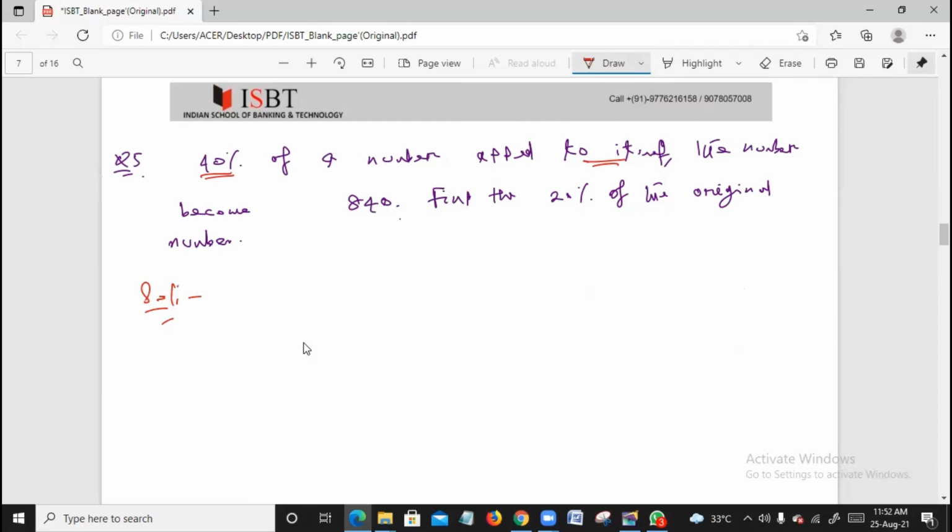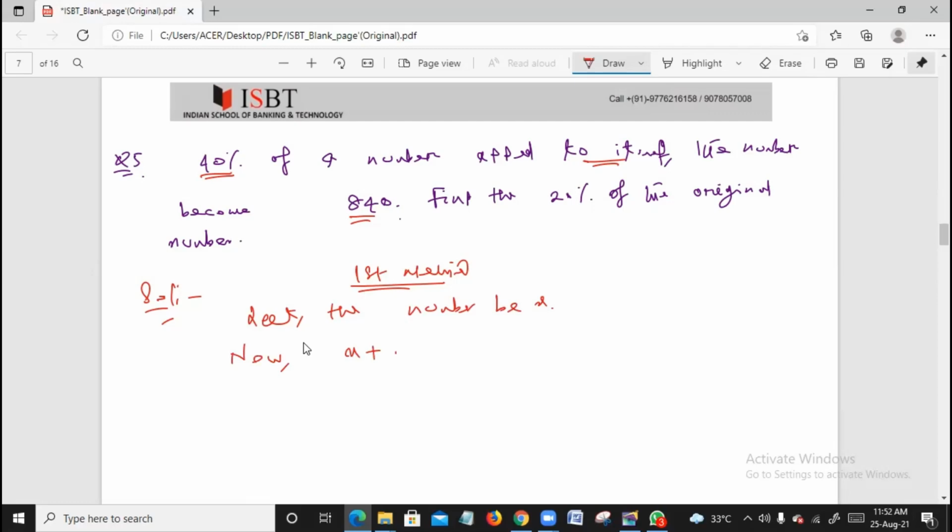The number became 840. So पहला मेथड क्या है? Let the number be x.